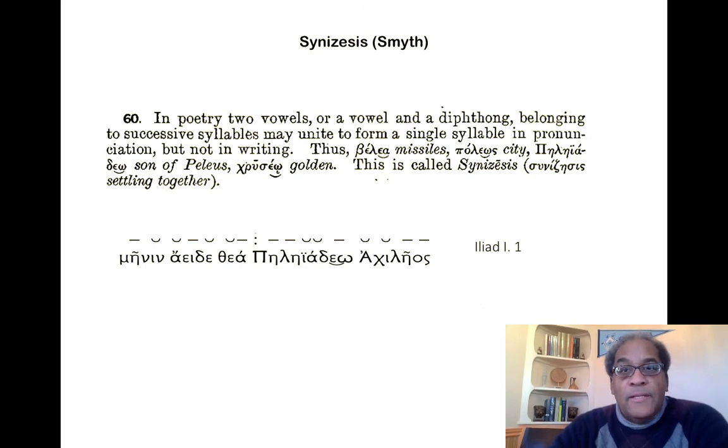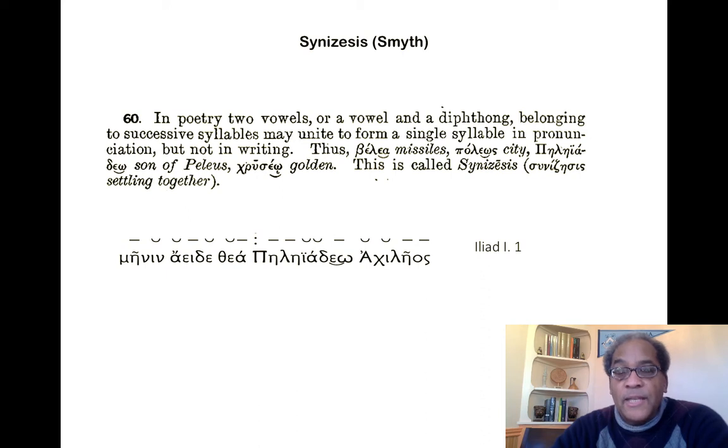Then you have synizesis. In poetry, two vowels, or a vowel and a diphthong, belonging to successive syllables, may unite to form a single syllable in pronunciation but not in writing. Thus we have Beleos, Peleiadeo, crucial. This is called synizesis, a setting together.